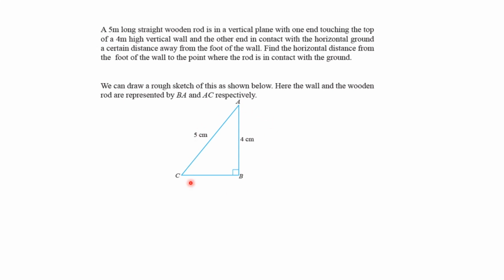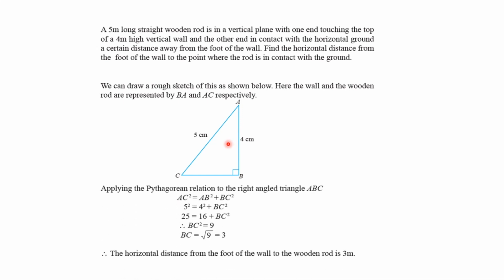This is a right angle triangle. You can apply the Pythagoras relations for the right angle triangle. You can see here AC squared equals AB squared plus BC squared. Then AC is 5 squared, equals AB is 4 squared, plus BC squared.